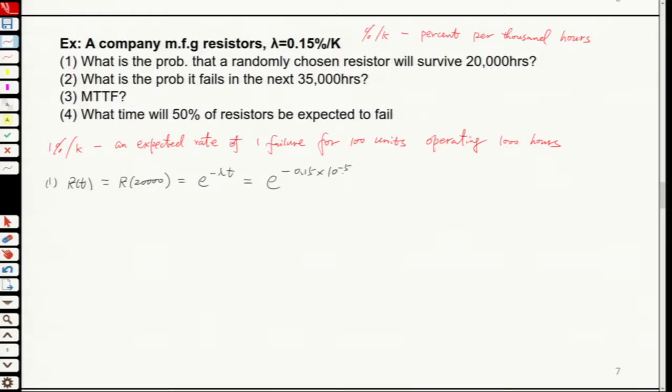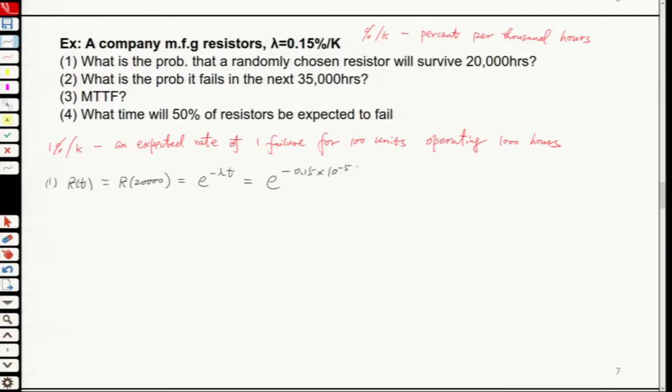Why minus 5? Because percent is 10 power minus 2, and per K, 1 divided by K, is 10 power minus 3. If you put these two together, it's 10 power minus 5. Does that make sense?